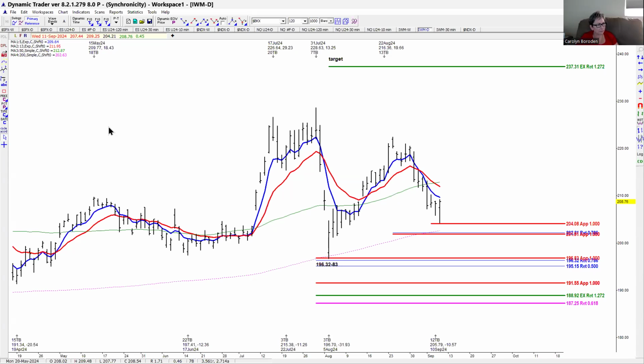Then I threw her into the trading room and she started doing the charts. But that's watching me for 4 hours a day and then asking questions, and then she was able to take over. So you can do this.